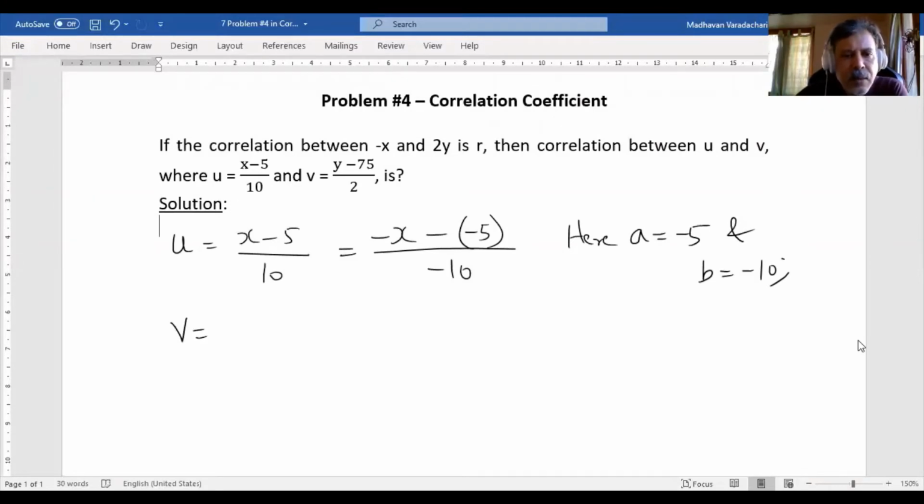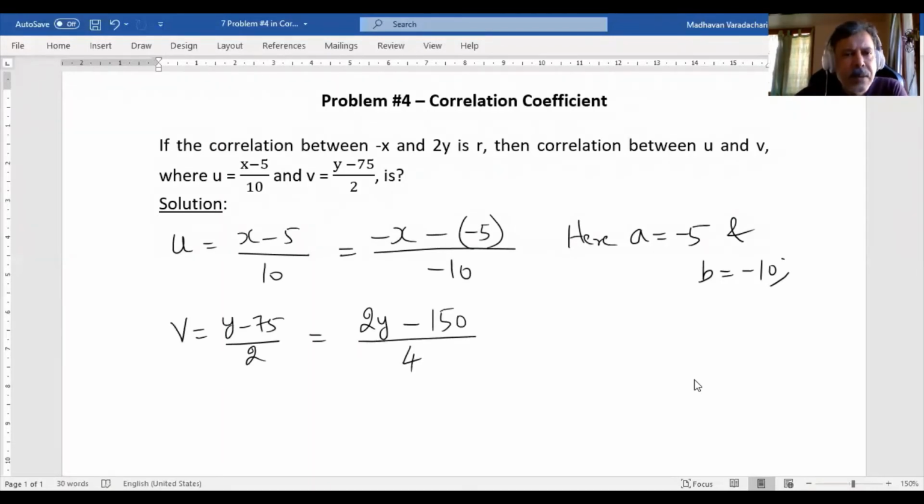v is (y minus 75) by 2. But here you may notice it is given as 2y. That means I have to multiply numerator and denominator by 2. What happens? 2y minus 150 by, the new denominator also multiplied by 2, so it becomes 4.